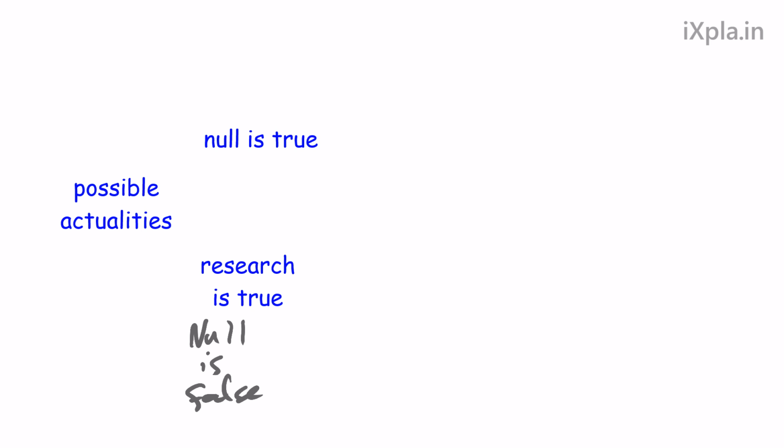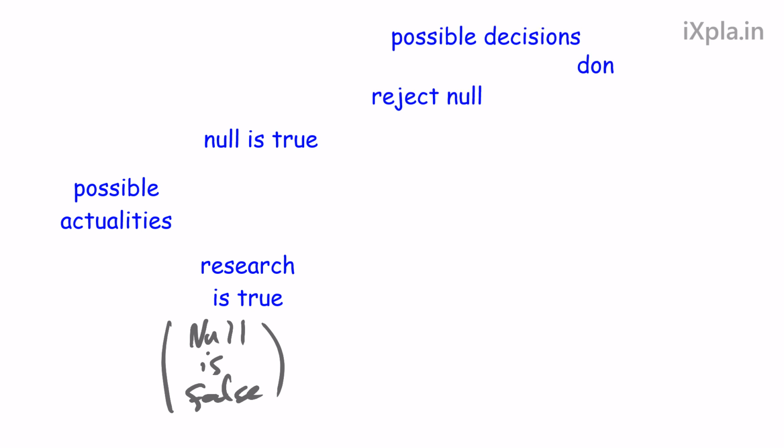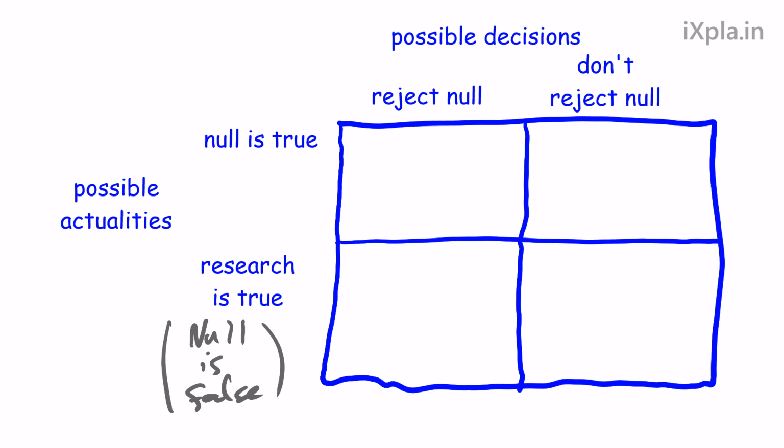These are synonyms, these 2 terms. One of these 2 possibilities is always true. The null hypothesis is true or the research hypothesis is true. And then you have possible decisions that you might make. You might reject the null and you might decide not to reject the null. This 2x2 table lays out the 4 possible outcomes whenever you do a research study.